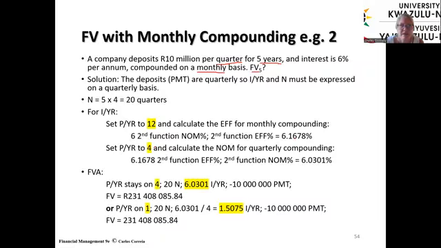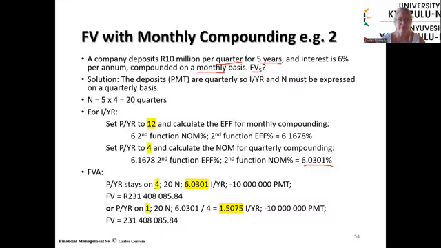Now we set the PYR to 4 to account for quarterly compounding. We enter that newly calculated effective rate and ask for the nominal rate with quarterly compounding, and we get 6.0301. Now we can work with this rate because it's a nominal rate, but it's based on 6% per annum compounded monthly, but converted to a quarterly compounded rate.